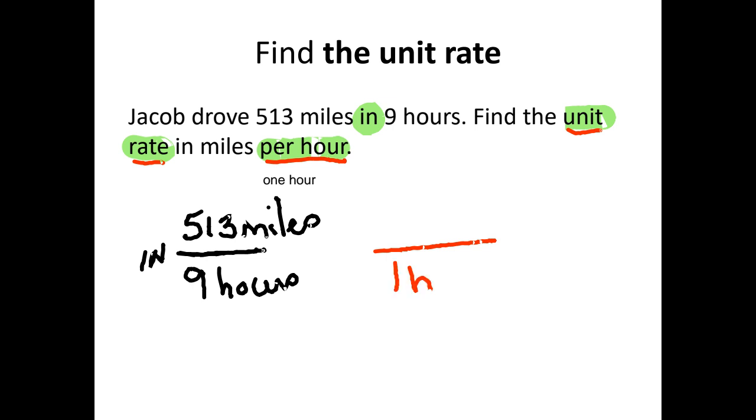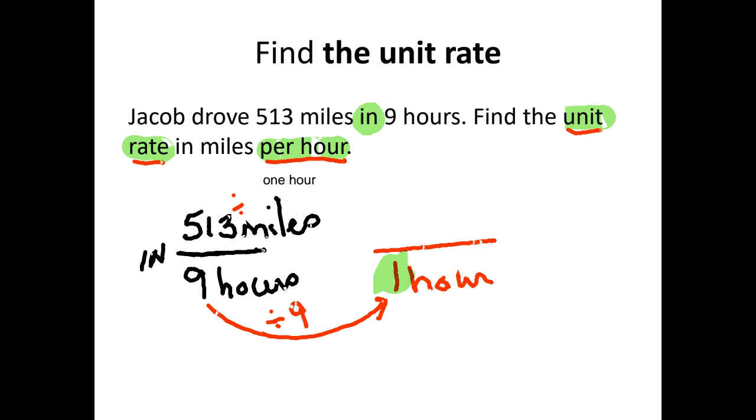Well, now you got to ask yourself, how do I go from 9 to 1? Well, if I'm making it smaller, I am dividing by 9. 9 divided by 9 gave me this 1. Well, now I've got to go back. I've got to take this 513 and divide by 9?